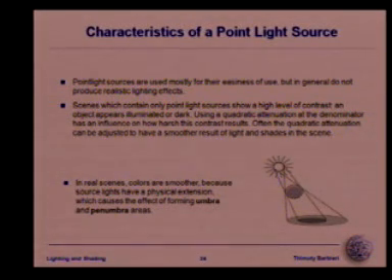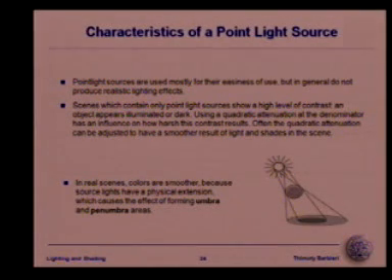Consider a light source with an extension and consider an object which is lit by this light source. What you have is a different way of projecting shades because every little point in the light source is actually a point source.